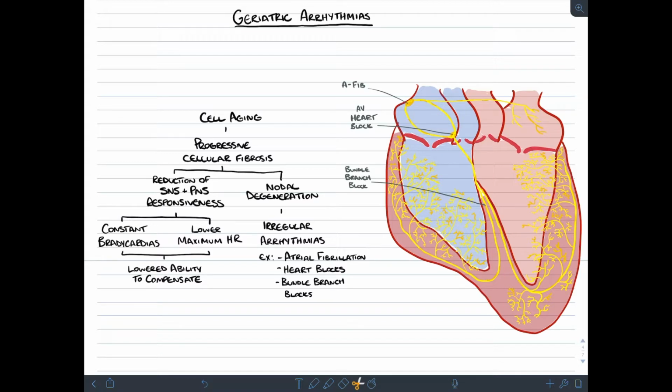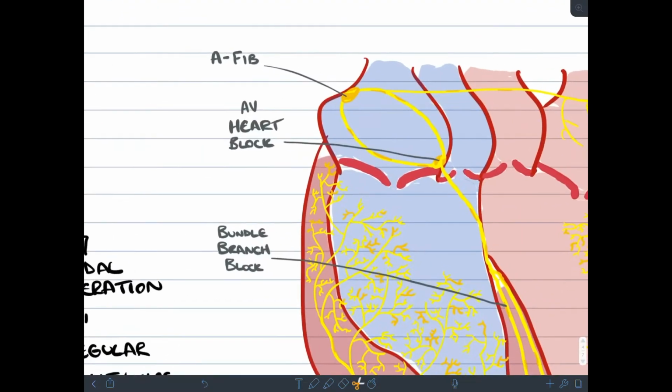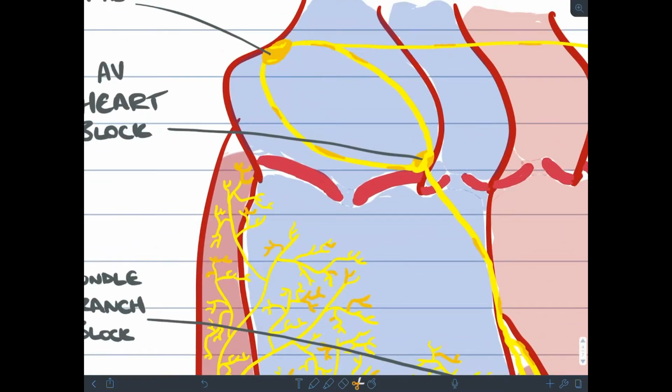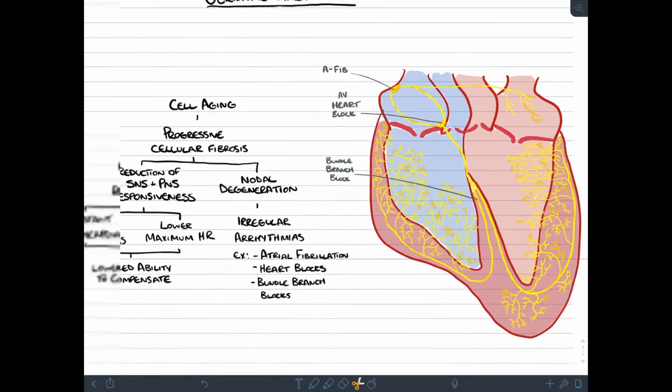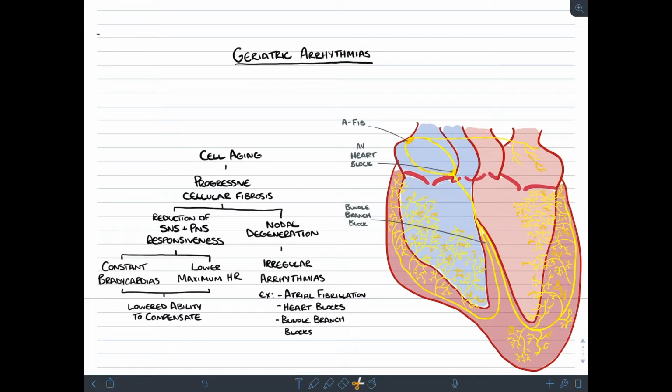So our AV heart blocks occur at our AV node. Once there's an issue with conduction through the AV node, we'll start to see some deficits. When nodal degeneration occurs on the AV node, we'll start to see the beginning of our first degree heart block, which is an increased PR interval.